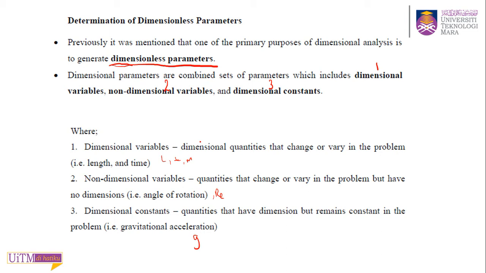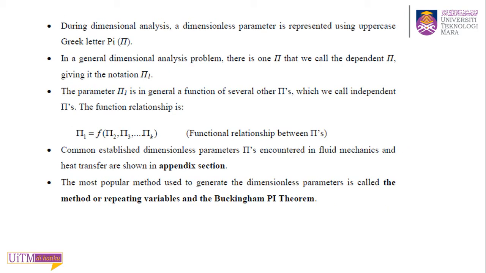During dimensional analysis, to find the dimensionless parameter, we represent this dimensionless parameter using the uppercase Greek letter pi. You will see a lot of pi after this. This pi is the dimensionless parameter.